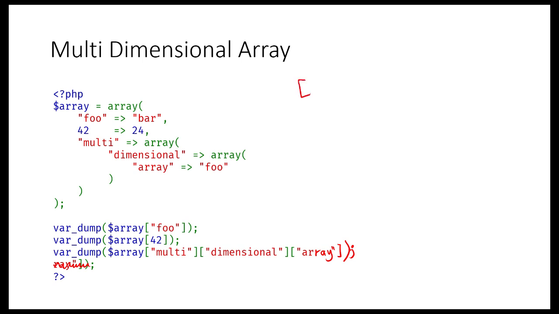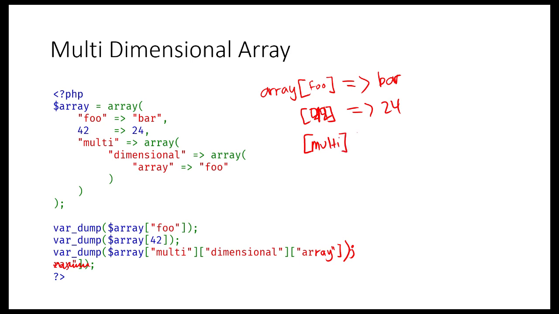So we've created an array which is called foo, and its corresponding value is bar, which we've put in quotes because it's a character. And then we've created 42, which corresponds to 24.